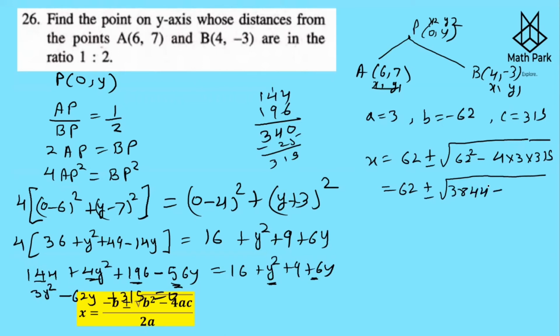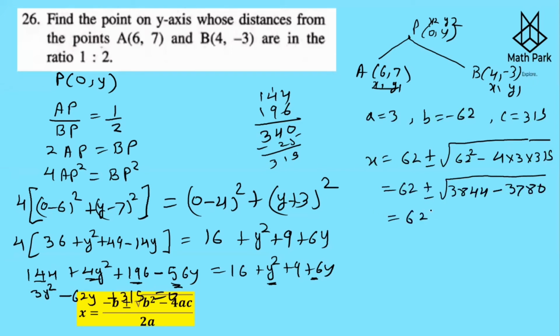Then multiply 4 into 3, 12. 12 into 315, you get 3780. Subtract this, 3844 minus 3780, we get 64.